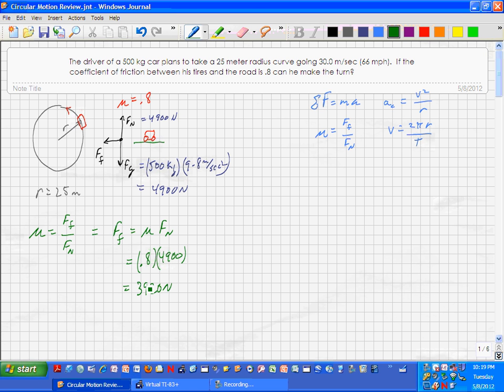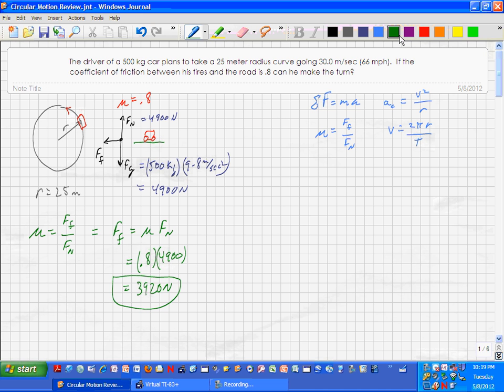So what we want to decide is whether he can make this turn, whether he's going to stay on the road. And this is the force of friction that's keeping him on the road. So what we're going to do is use the information here to figure out a force that's generated by this car going around this curve. So the first thing I need to do is figure out the acceleration so I can figure out that force.